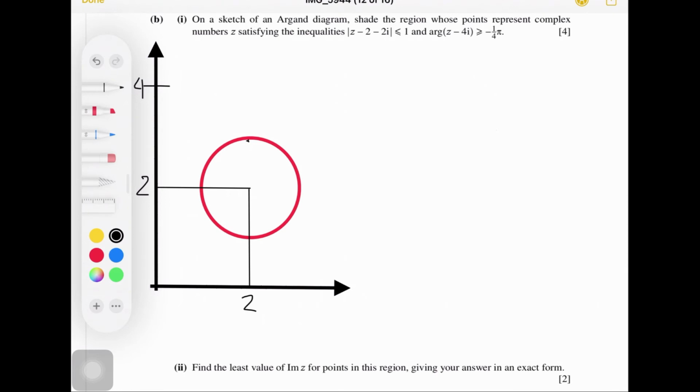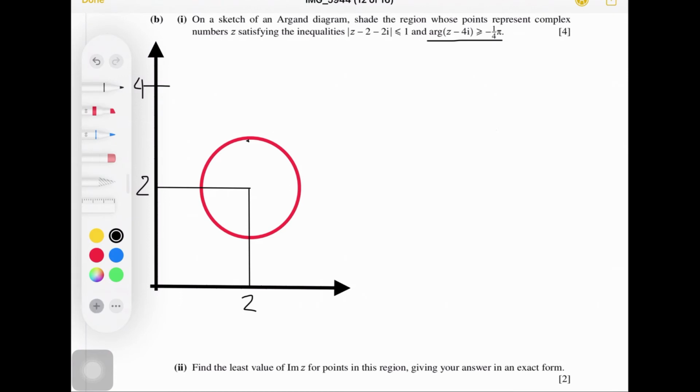Now we are going to draw the argument of z minus 4i greater than or equal to negative 1 over 4 pi.